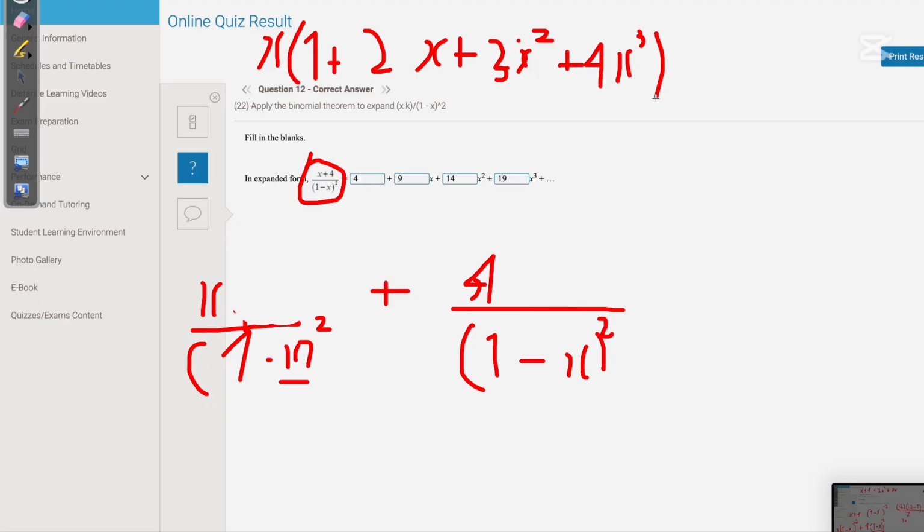And the same thing for 4: 4 times (1 plus 2x plus 3x squared plus 4x cubed). Now we're just going to distribute.